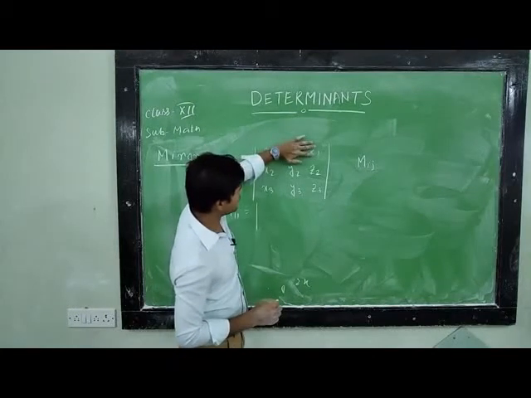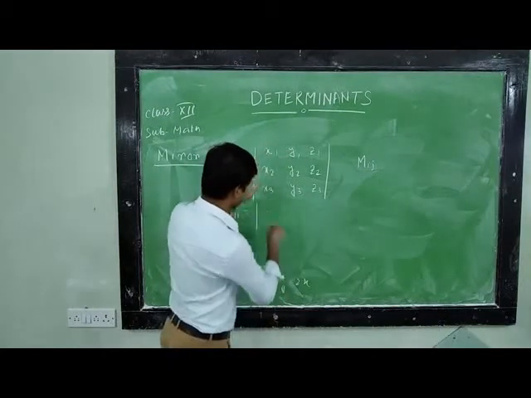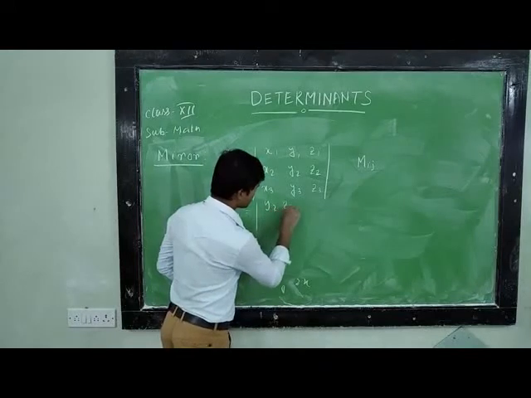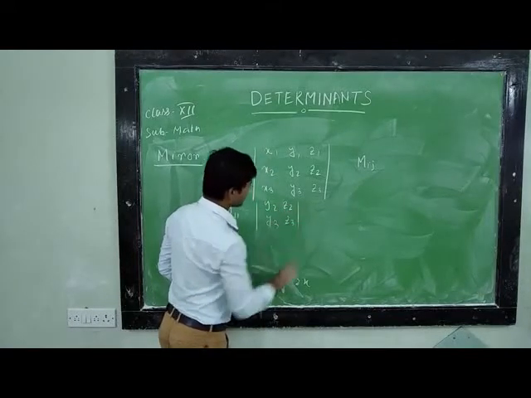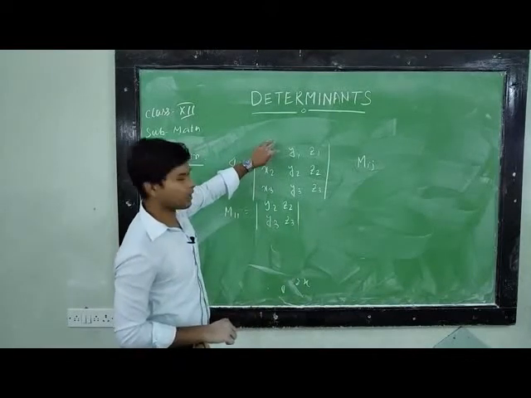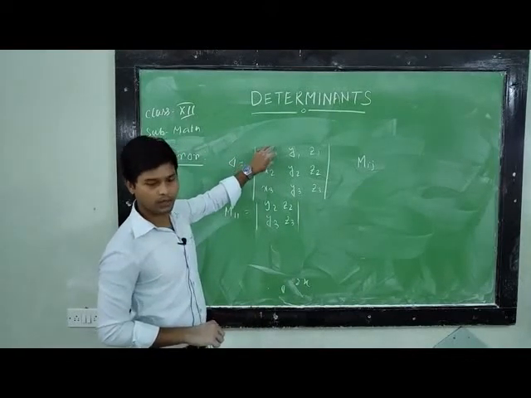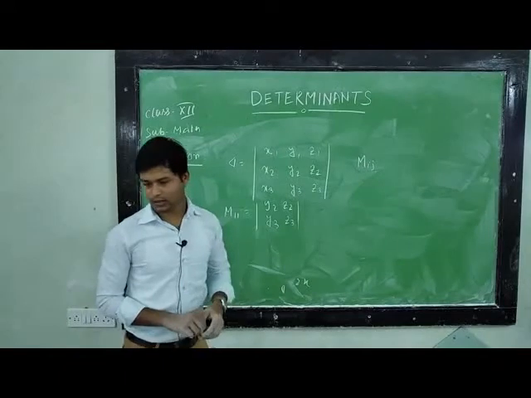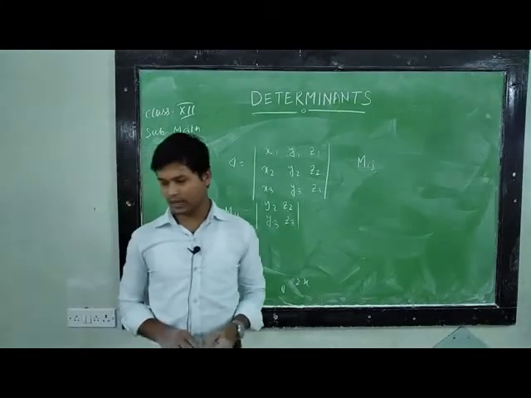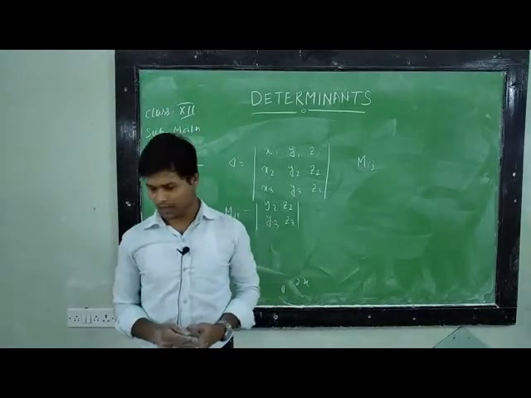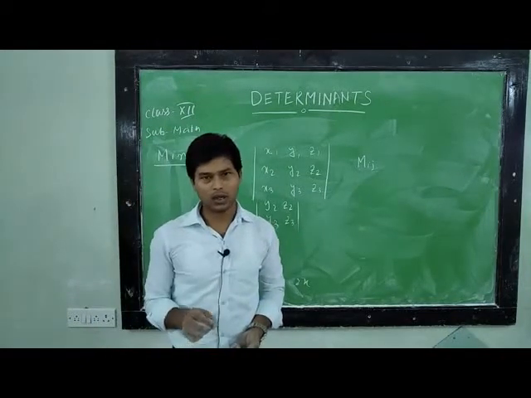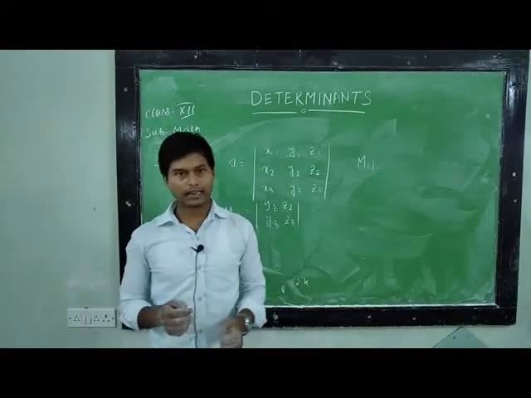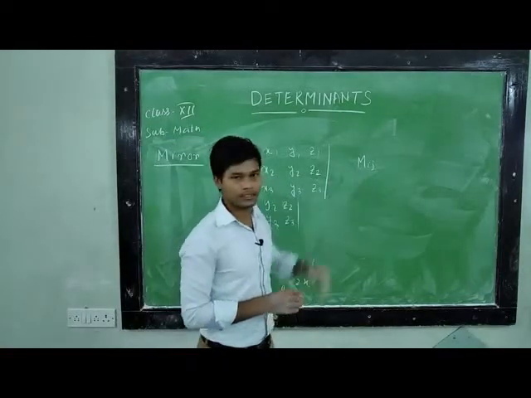So if I cover this row and this column, then y2, z2, y3, z3 is the minor corresponding to this element A11. So minor of an element Aij is the determinant obtained by deleting its ith row and the jth column, and it is denoted by Mij.